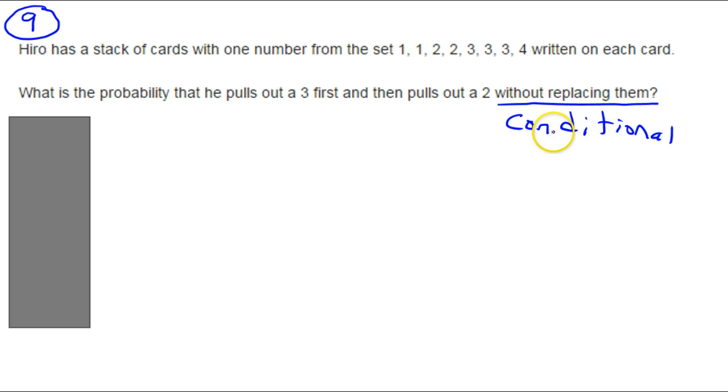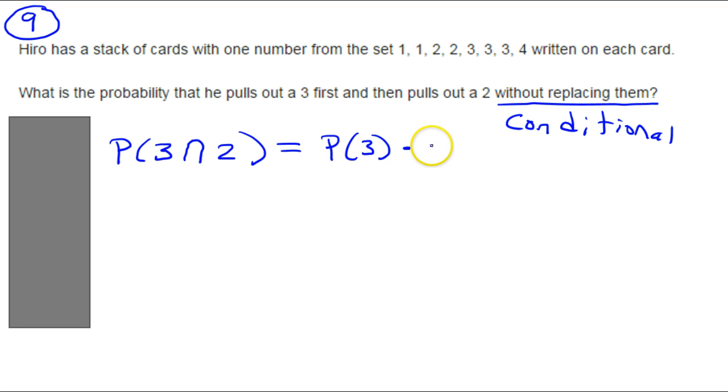Now, if it weren't for that, if they did replace them, then we would just use the multiplication principle, which would say that the probability of two events happening, so the probability of pulling out a 3 and pulling out a 2, would equal the probability of pulling out a 3 times the probability of pulling out a 2.